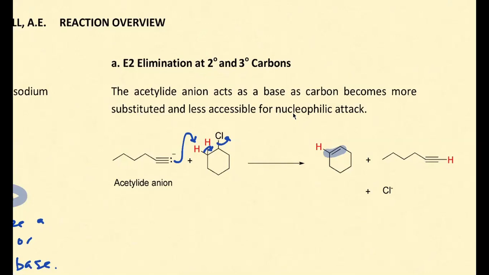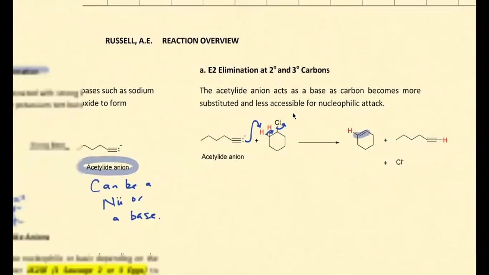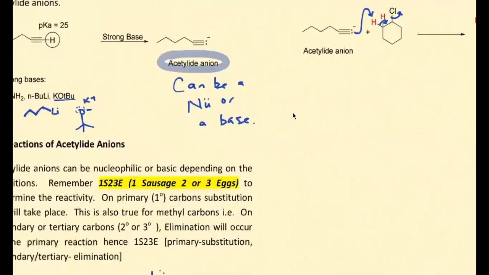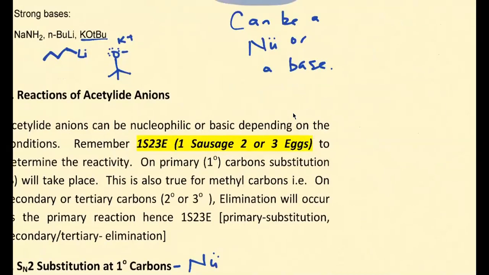All right. Questions about that? I have a mnemonic for that too, right? Over here, there's a mnemonic. So 1S, 2, 3E: 1 sausage, 2 or 3 eggs. One is for primary. So primary is substitution. Secondary or tertiary is elimination, right? And so if you have a primary alkyl halide in the presence of the acetylide anion, you're going to get substitution.